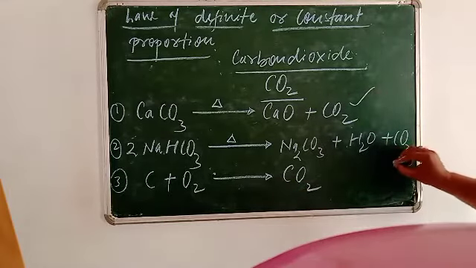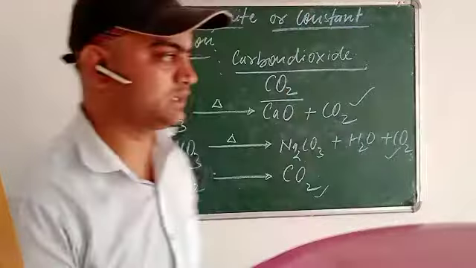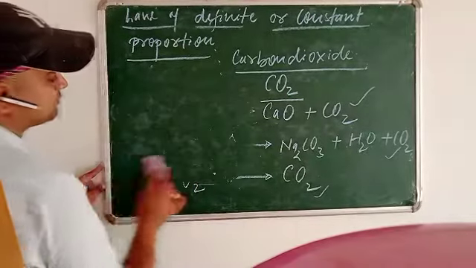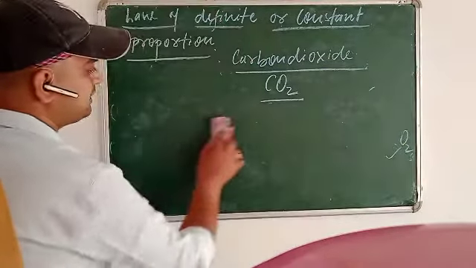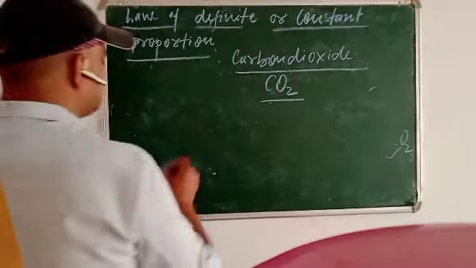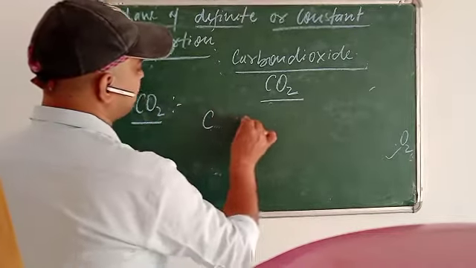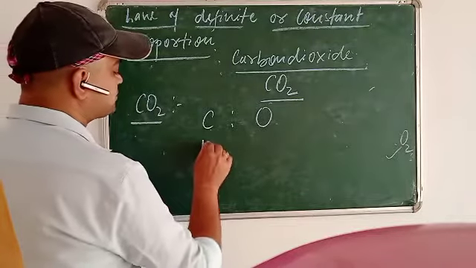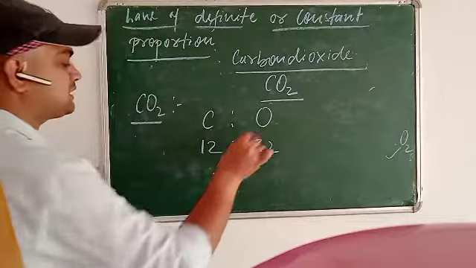So we get carbon dioxide from all these sources, and the ratio of carbon and oxygen in carbon dioxide remains the same. In carbon dioxide, two elements, carbon and oxygen, are present, and the mass of carbon is 12 and oxygen is 32, because two oxygen atoms are given.